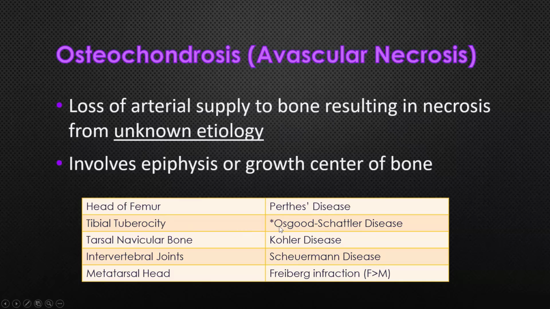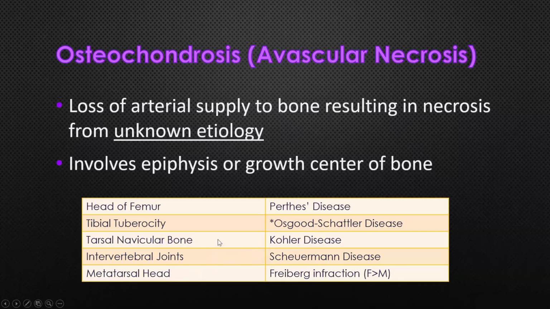Let's see, one book I think only mentioned this one. So I think this might be the classic one, Osgood-Schlatter disease, and that's the tibial tuberosity. So the top of the tibia, so it's going to be in the knee. Head of femur, so in the hip, that's Perthes disease. One of the tarsal bones, inside the big part of the foot, that's your Kohler disease, then intervertebral joint, metatarsal head.